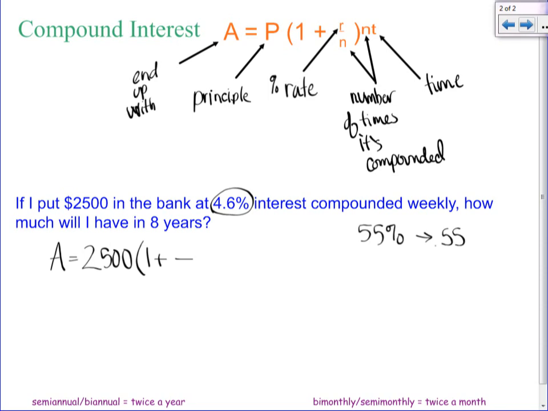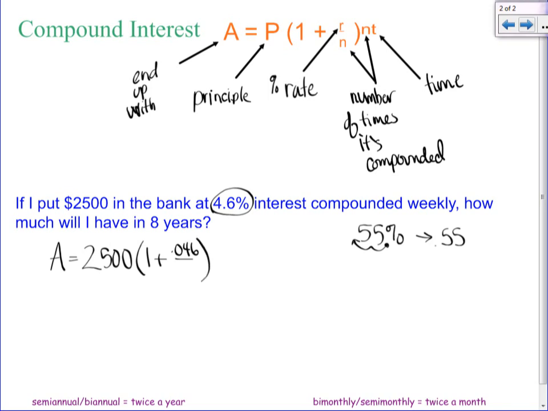What did you do? Yeah, you take this decimal point, which we don't write, which is right here, and we go boom, boom. Okay, so right now our decimal point is right here. If we move it back twice, we've got 0.046 for our rate. You have to do that, otherwise you're going to get it wrong.